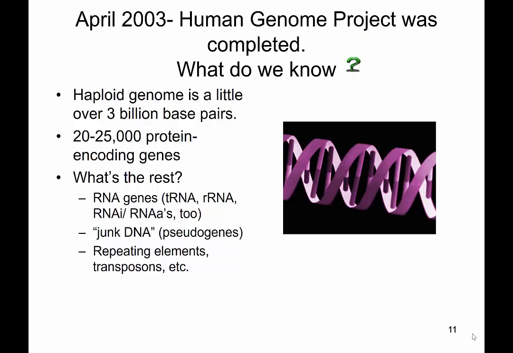And what we found is, no, that's not true. So it's not junk. And that's a fascinating story that's beyond the scope of this class. But if you want to look up what RNAs and RNAis are, that's a really fascinating story. Or you can just come to me and talk to me about it, and I'll fill you in on that. But just suffice it to say, the rest of the human genome is not junk after all.